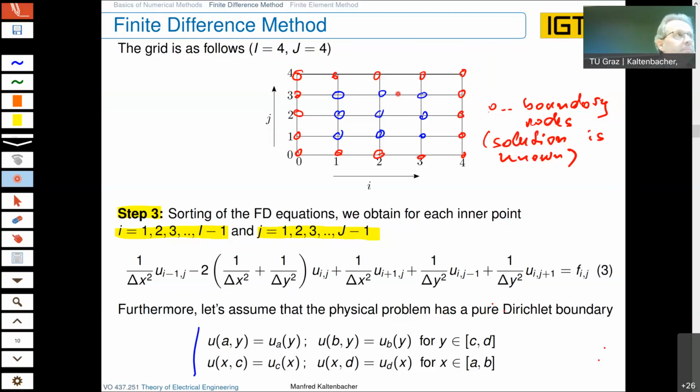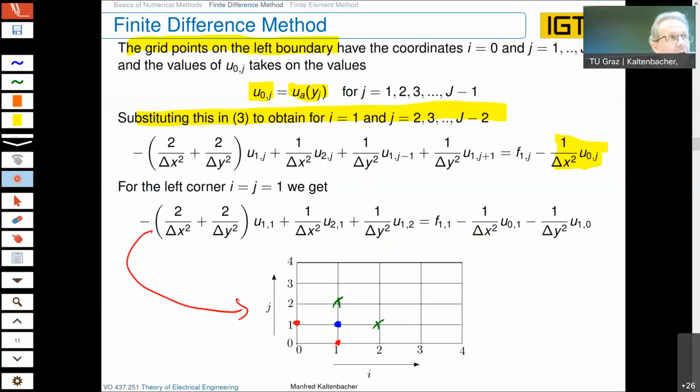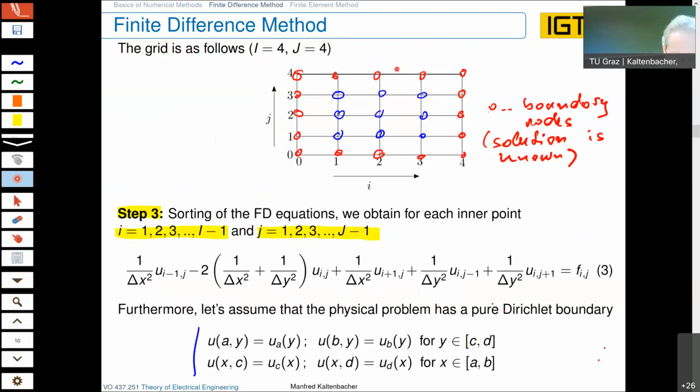For these boundary nodes we already know the solution, so we put it on the right-hand side, and that means the rearrangement. If we have done this, in our case, I go back because here I have nicely shown it, we will then have at the end, in this case, 9 equations. And if you look here, among all of these 9 equations, we have just one equation where we have to do no rearrangement.